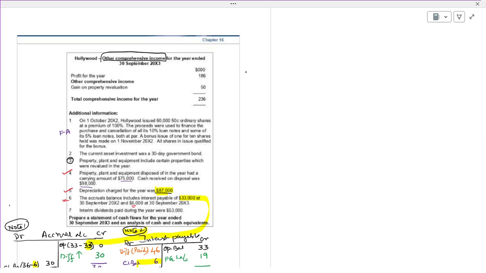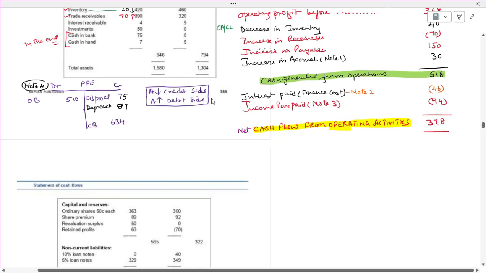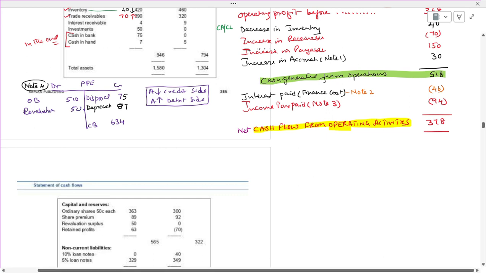Gain on property revaluation is how much? 50. If the revaluation value increases, is it debit side or credit side? Asset increases, debit. Rule is rule, okay? Revaluation is 50.